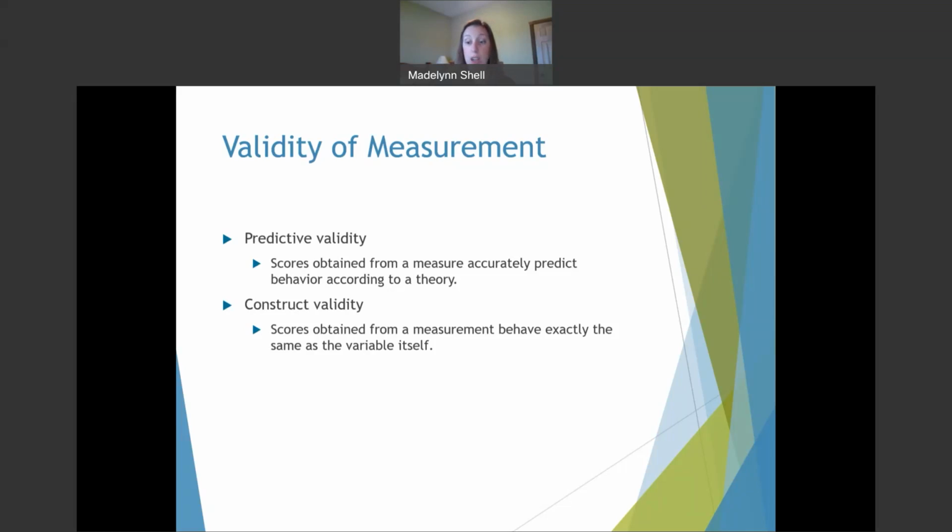It should be positively related to things that the construct is positively related to, and negatively related to things your variable is negatively related to. So if you have a measure of intelligence that is negatively related to student GPA, there might be something wrong, right? Because we generally expect that the more intelligent you are, the higher your GPA. So construct validity is looking at how it relates to other constructs, and whether it does so in an expected way.